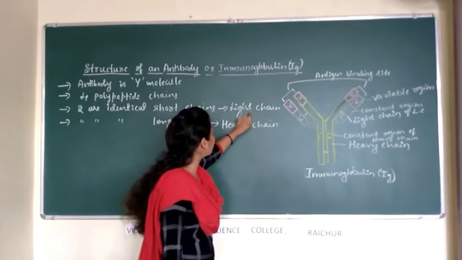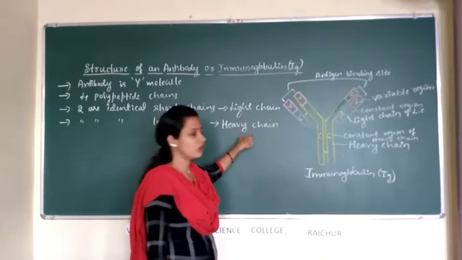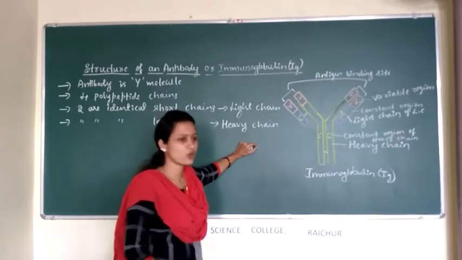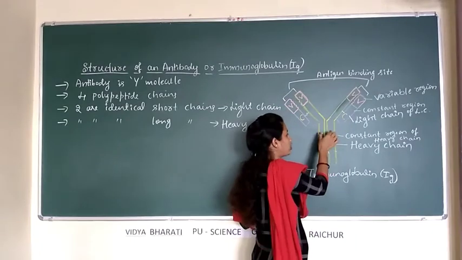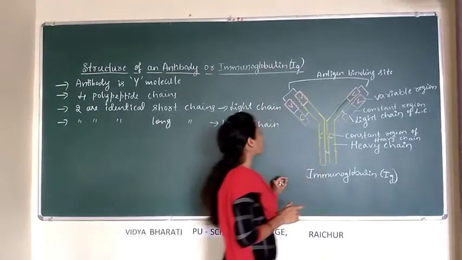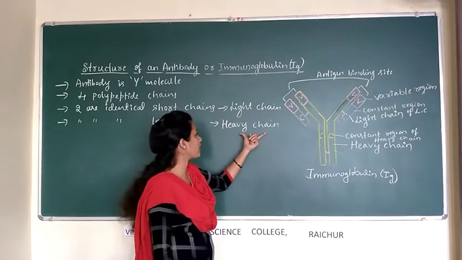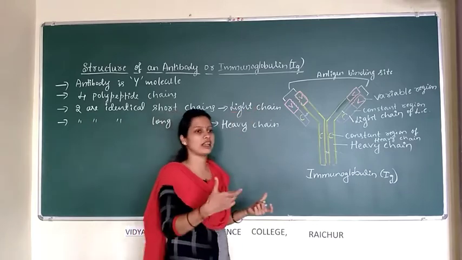The terms light and heavy are used based on the molecular weight of the chains. Heavy chains have more molecular weight, light chains have less molecular weight.